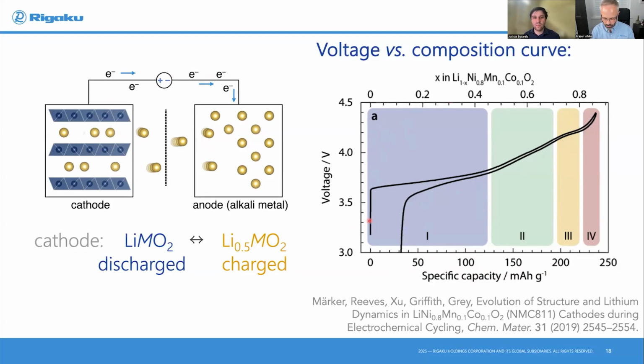When we start out, before we've charged, we have a composition, in this case, of Li(1-x) Ni0.8 Mn0.1 Co0.1 O2, where x is 0. So our transition metals are what's called an NMC cathode in this case: nickel, manganese, cobalt, all mixed together.